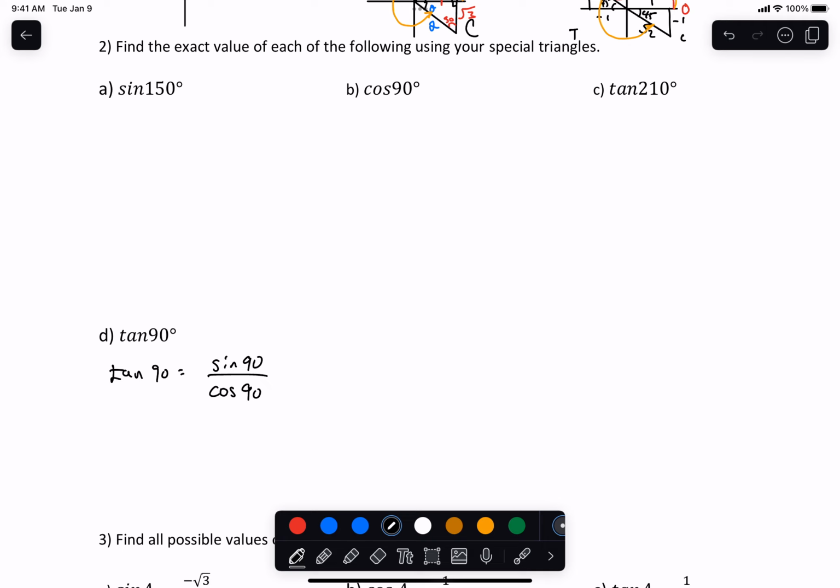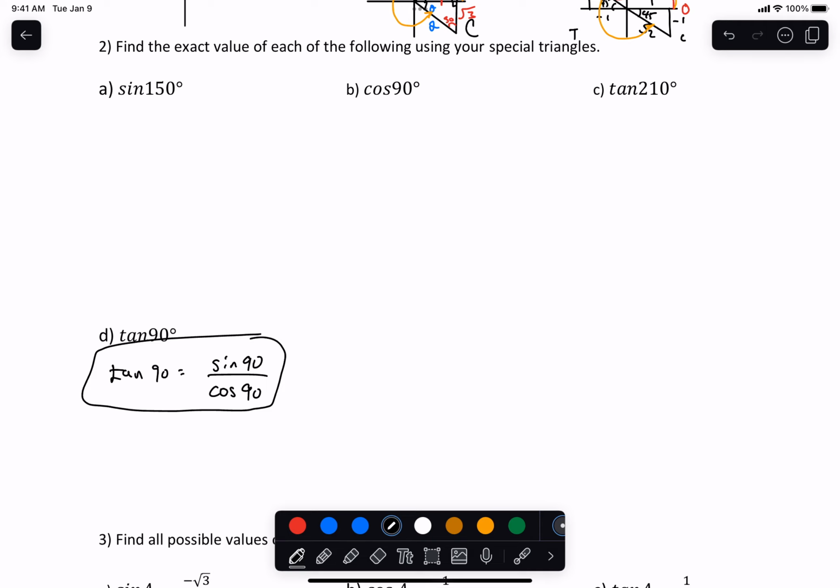In the next couple days, I'm going to show you something called the unit circle. But first, I want you to know these special triangles. The unit circle makes a mapping of all the trig ratios. This question will become more apparent when we go over that, like how I could know that the sine of 90 and the cos of 90 are 1 and 0 respectively.